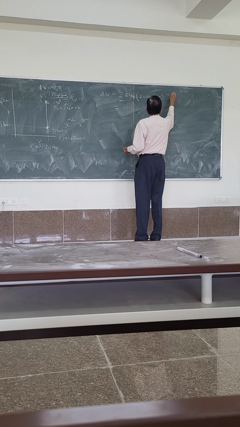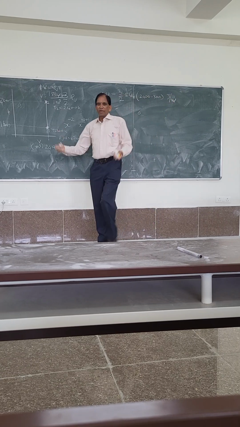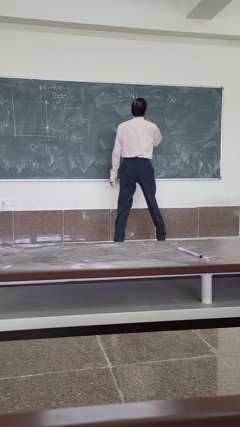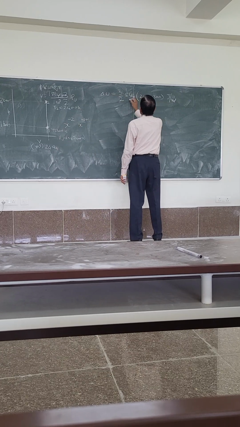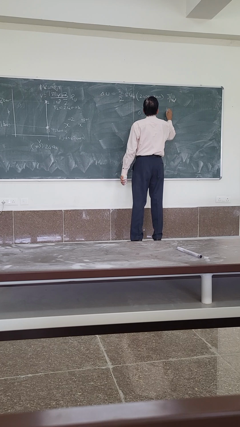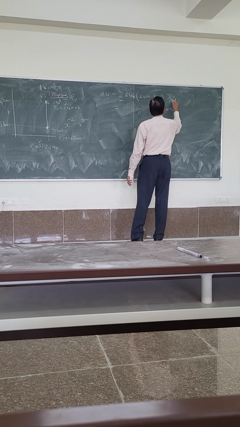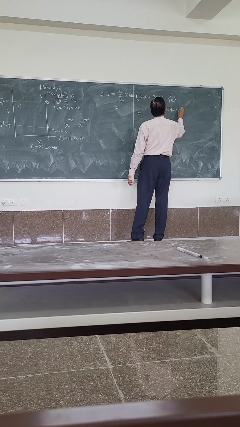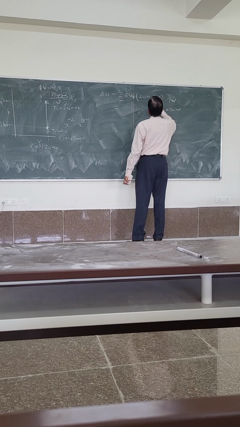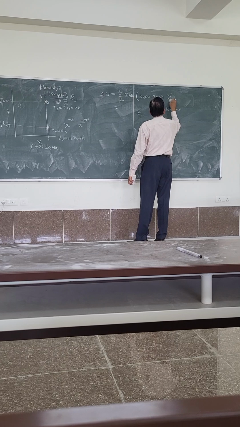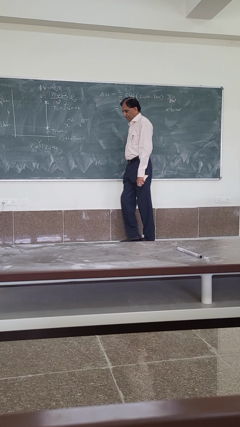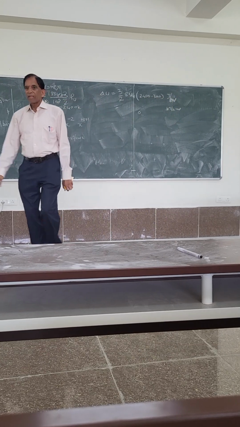This will be joules per mole. That's a huge number. You can convert it to kilojoules and you can tell me how many kilojoules. This divided by 1000 will give me kilojoules per kilomole. How much is that?